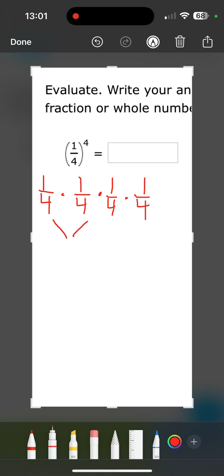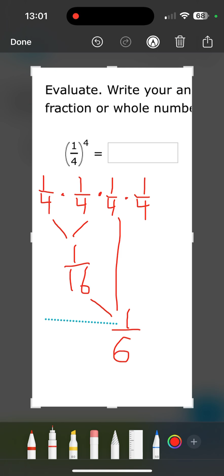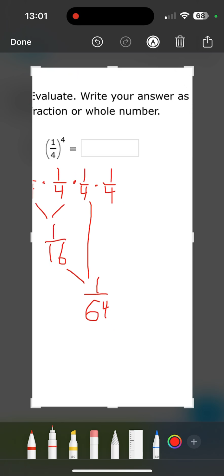Right, so that'll be 1/16. This and this ends up being 1/64. And then this and this is 1/256, if I'm not mistaken.